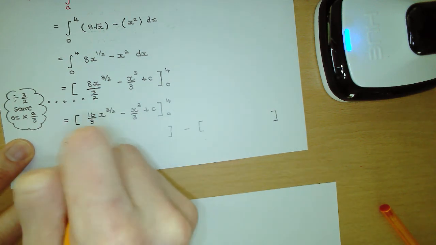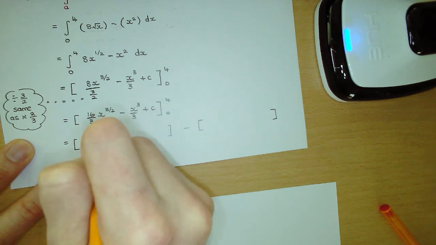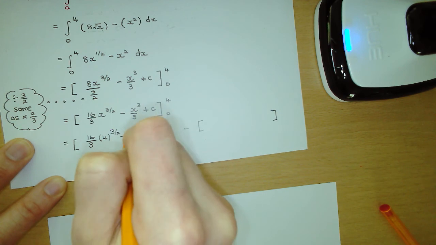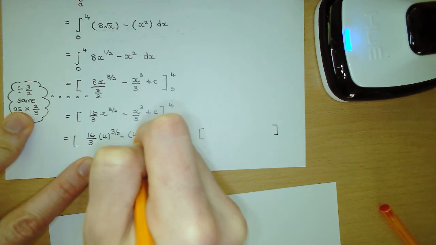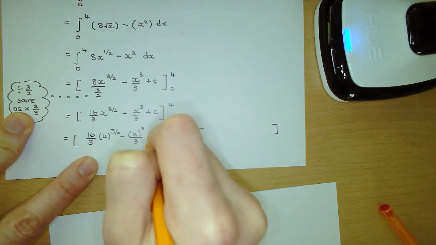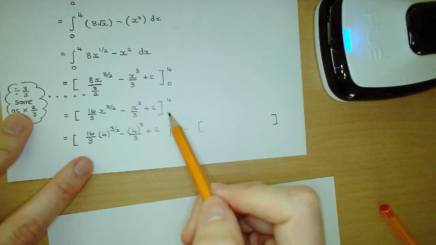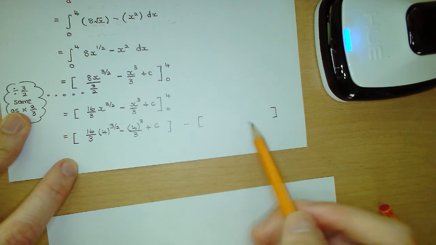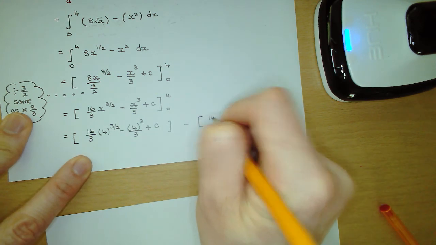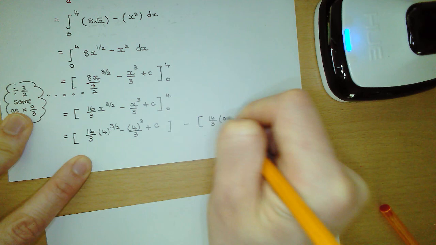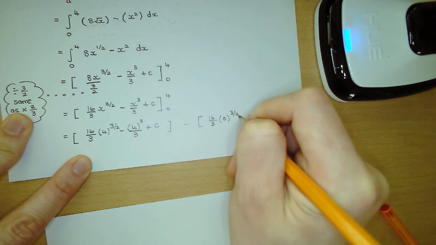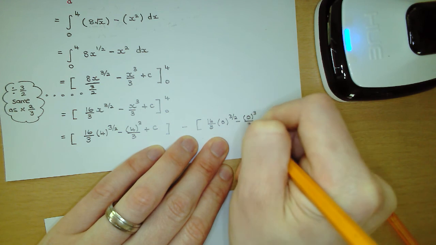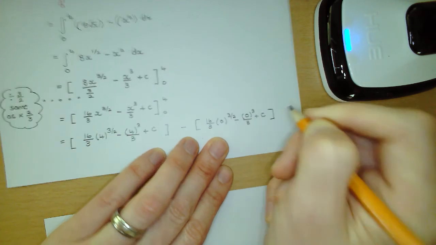So we're going to have 16 over 3 times 4 to the power 3 over 2 minus 4 cubed over 3 plus c, and then we're going to chuck the bottom limit or the smaller limit into the integrated expression into the second square bracket. So we're going to have 16 over 3 times 0 to the power 3 over 2 minus 0 cubed over 3 plus c.